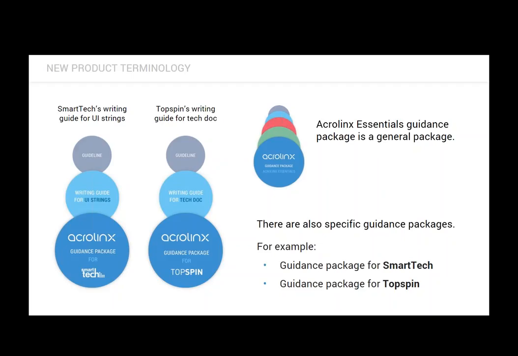We have now also created for the first time a general guidance package, which is not customer specific. And I'll come to the details in a second. But it just shows that there are customer specific guidance packages and also generalized guidance packages, which can be used for an out-of-the-box experience.